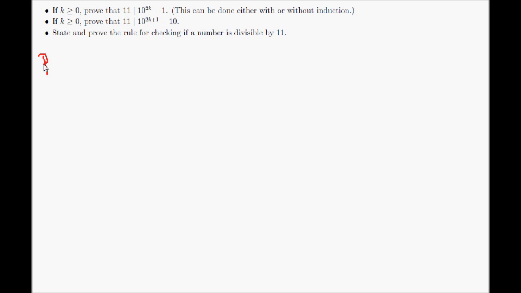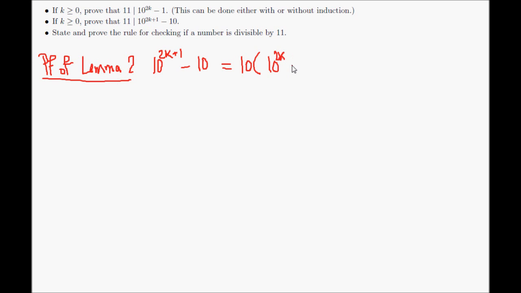So proof of lemma 2. 10 to the 2k plus 1 minus 10 equals 10 times 10 to the 2k minus 1, just factoring a 10 out.